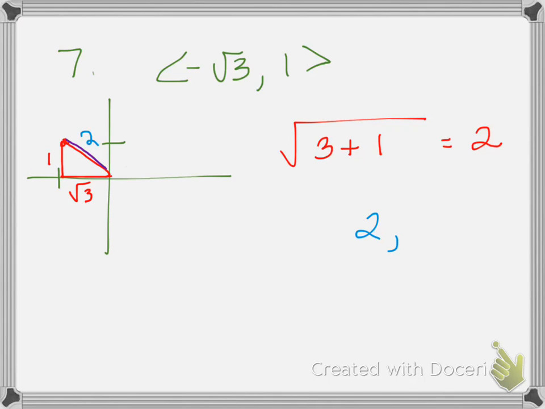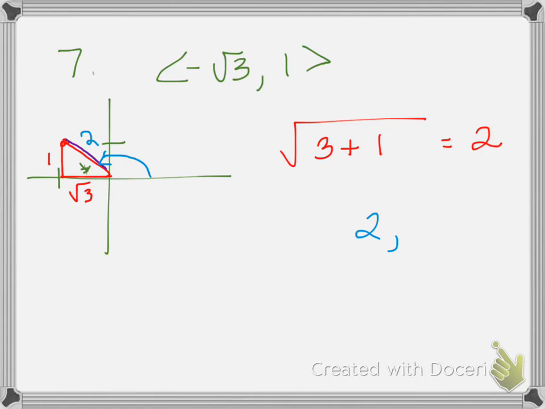And then the direction is the angle, and it's the angle from the x-axis, so I need that whole angle there. But if I could find this little bitty angle, if I could find that angle with the star, then I can subtract from 180 to get the blue angle. So a couple ways you can do it.